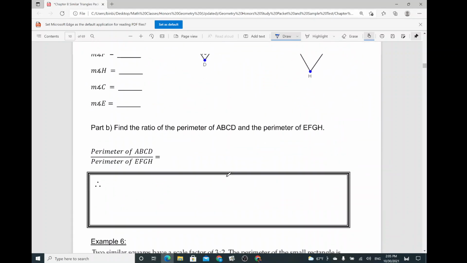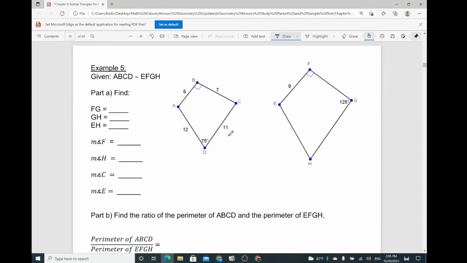So more examples, they're quite similar, so you want to compare that to similar polygons. Given that polygon ABCD is similar to polygon EFGH, part A, find the missing segment FG. FG, which is this one, corresponds to this segment here. So we can set up a proportionality statement. AB over EF, they're corresponding segments, equals BC over FG.